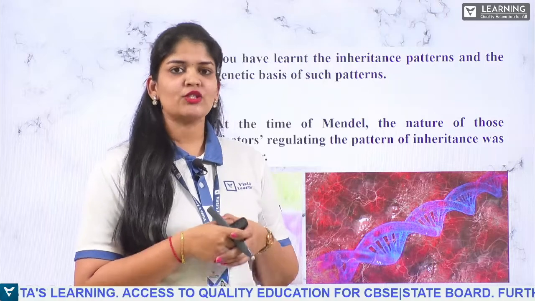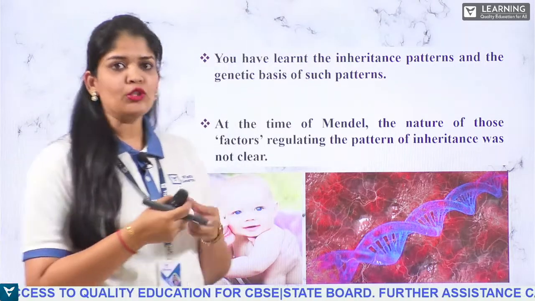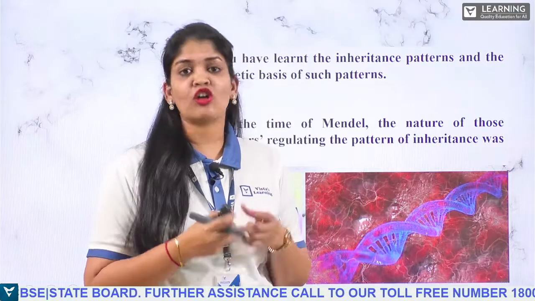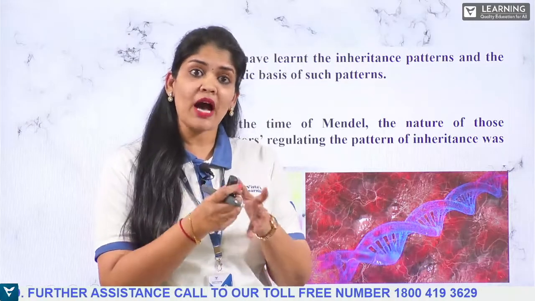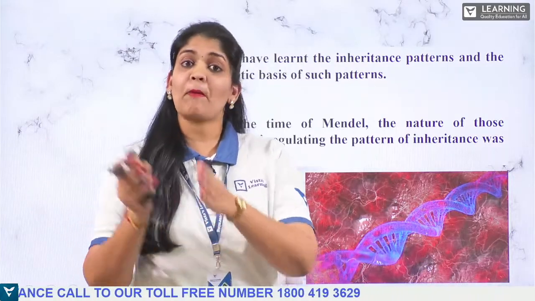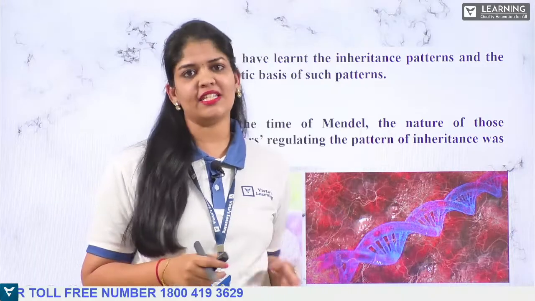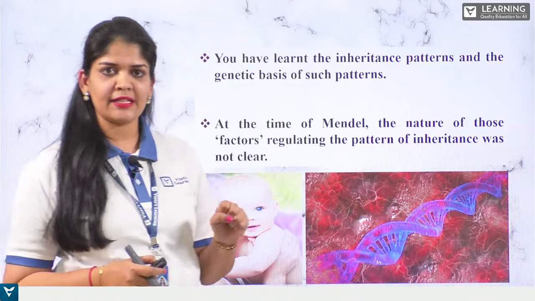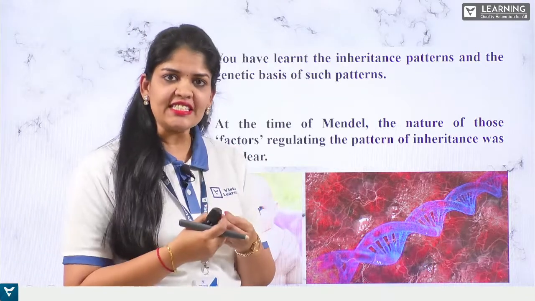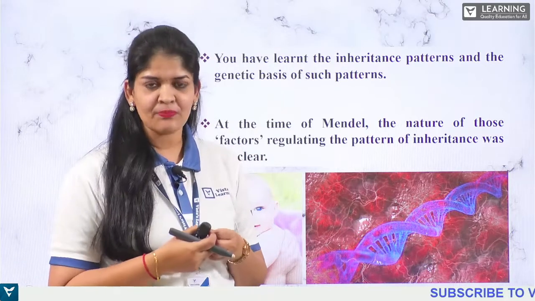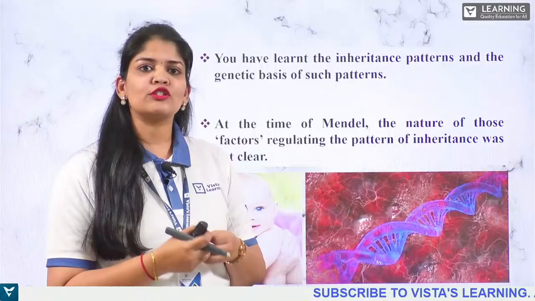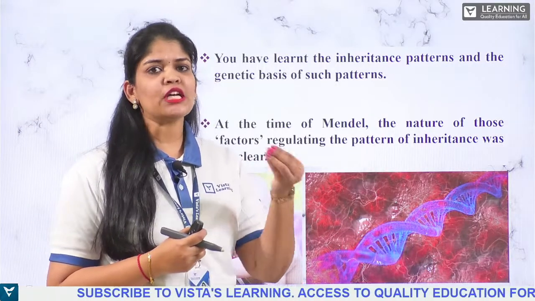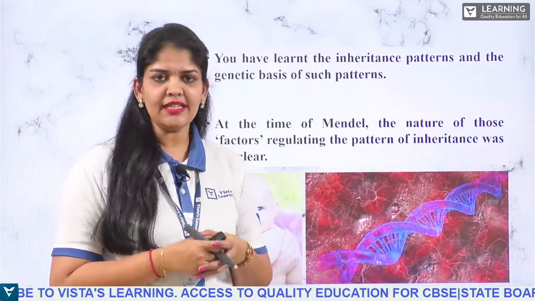Here, as we already know, inheritance is nothing but the transmission of the characters or the traits that passes from one generation, that is the parent generation, to the progeny generation. This chapter is all about the study of genes, genetic inheritance, genetic material, and also the genetic code, and we are even going to study the human genome sequencing, right?